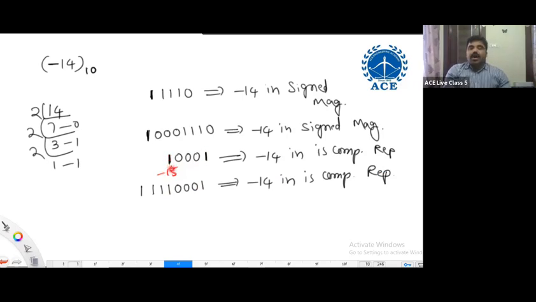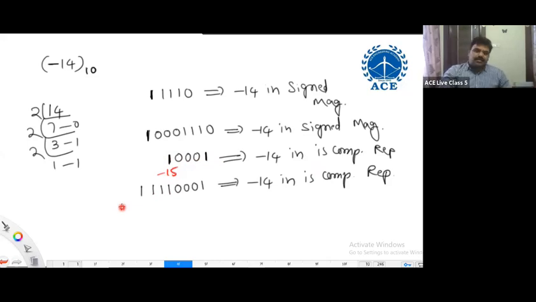And what must be the decimal equivalent of this representation? Minus 14. Then what should I add for this? Plus 1. Where is plus 1 weight? Last bit, LSB. 0, 0, 0, 1. Yes, minus 15 plus 1 it is minus 14 in 1's complement representation using minimum number of bits. But whenever it is required to represent using more number of bits, here I can extend with MSB.